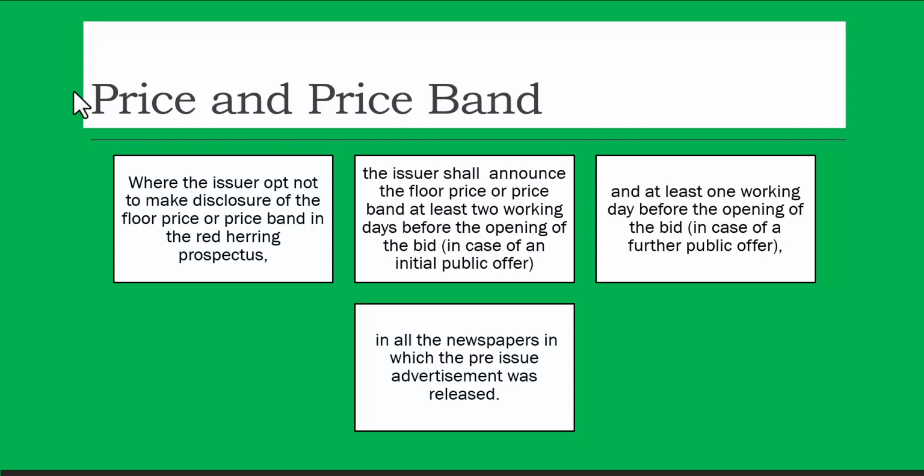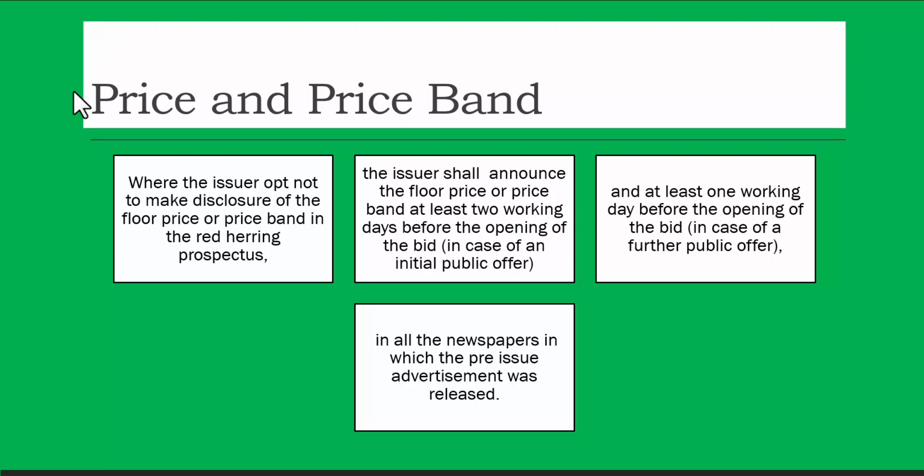Okay, so if the company is still undecided, they have not decided what the price band will be, they can hold that information at the time of issuing the red herring prospectus, but they have to give that information at least 2 days before the opening of the bid.